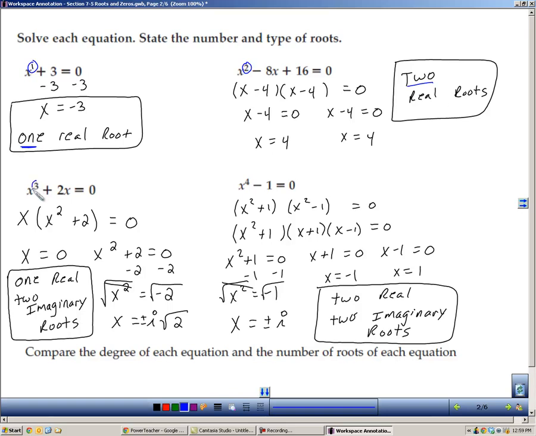Down here, the degree was a 3, and we had 1 real and 2 imaginary, so we had 3 roots. And in this one, the degree was 4. We had 2 and 2, which meant 4 roots. The point is that the degree equals the number of solutions, or the number of roots, of the equation.